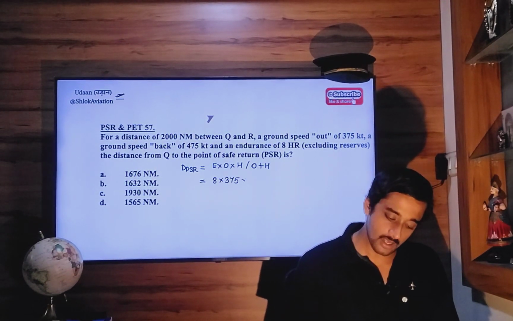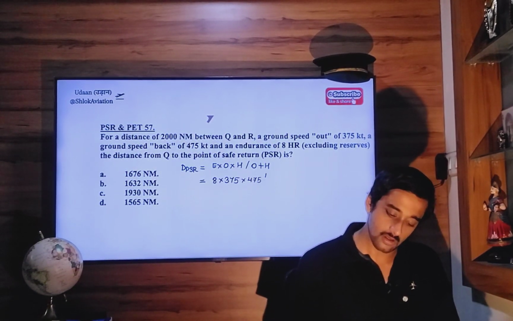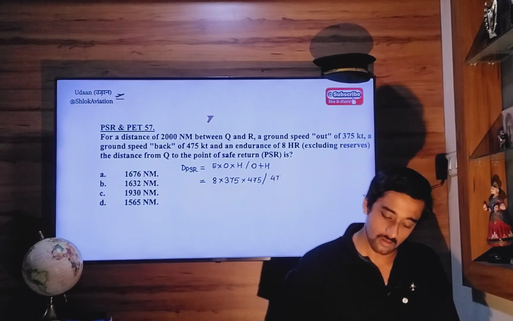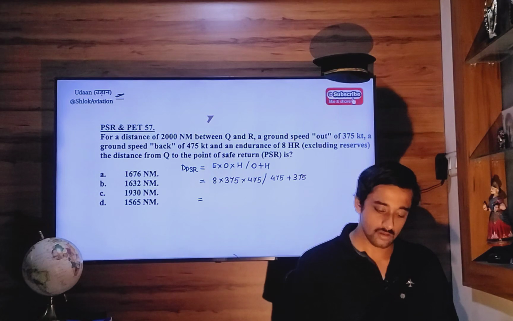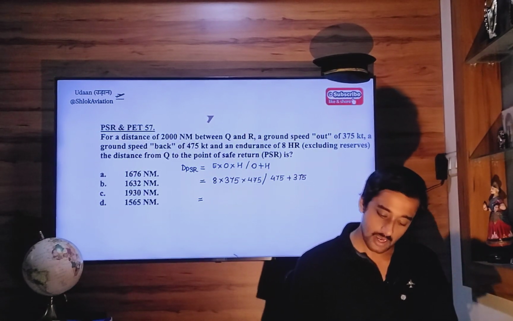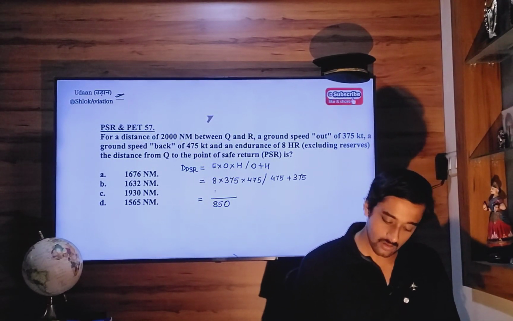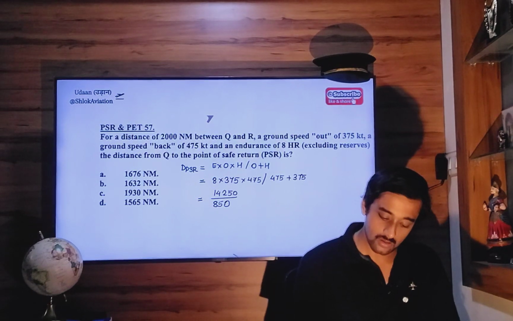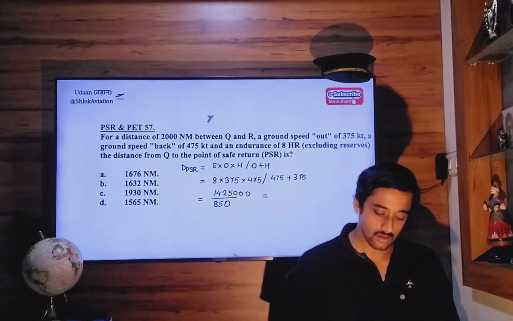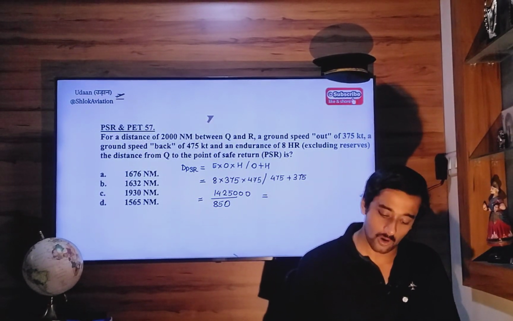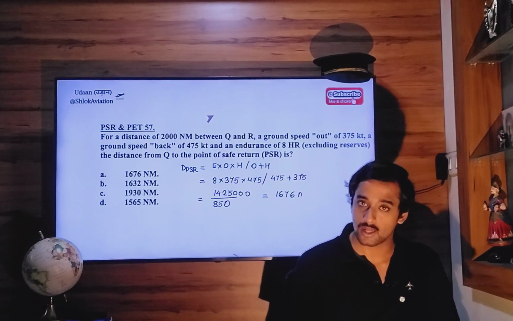So substitute the values. 850, 8 into 375 into 475. This gives you an answer of 1676 nautical miles.